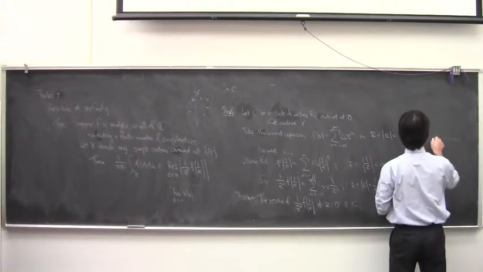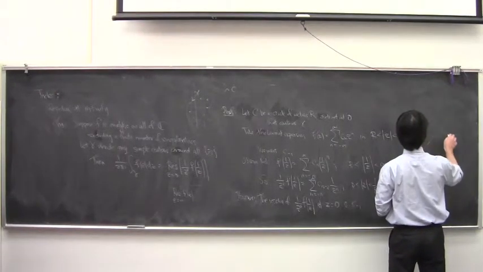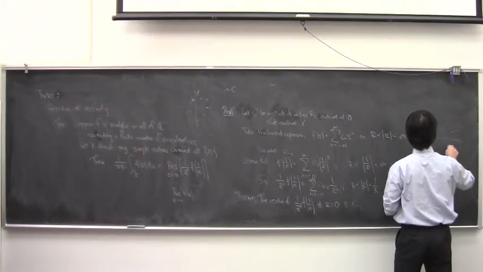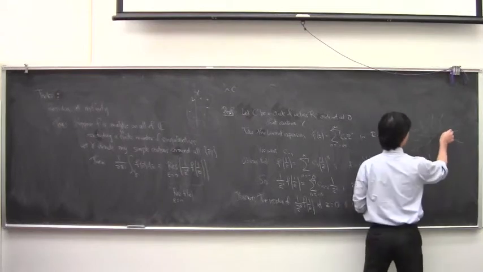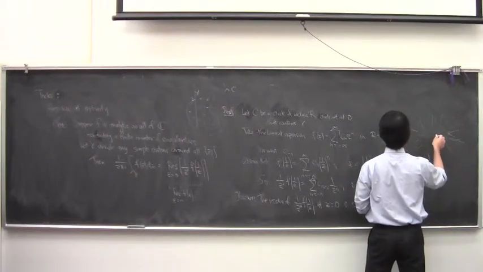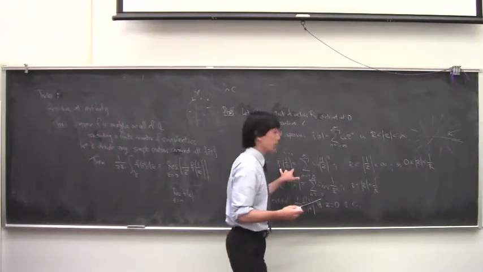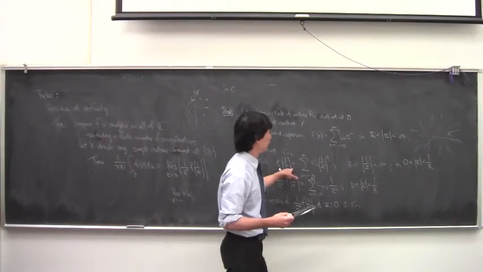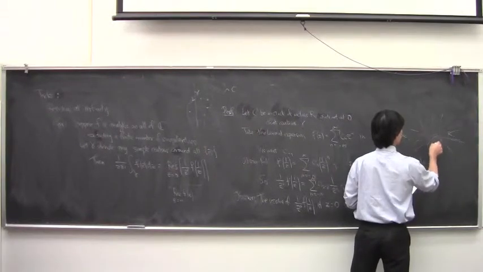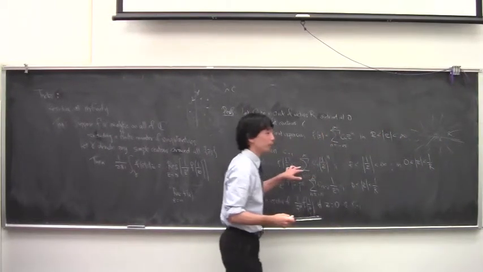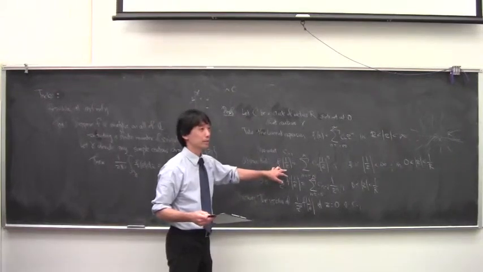The original function was analytic outside here, and you create this new function, which is going to be valid on the inside of the disk with radius 1 over r.